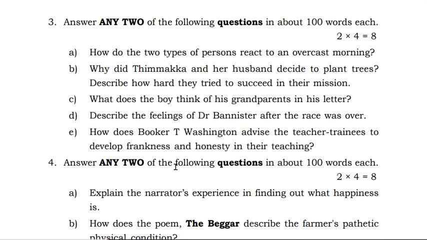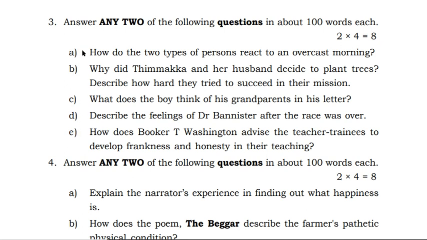This third question onwards, you could see here the questions and answers. The third question, if you observe, says answer any 2 of the following questions in about 100 words each. So here also they kept a limit of 100 words, and each question carries 4 marks. You have to answer 2 questions out of 5.